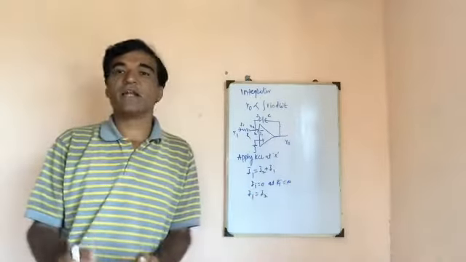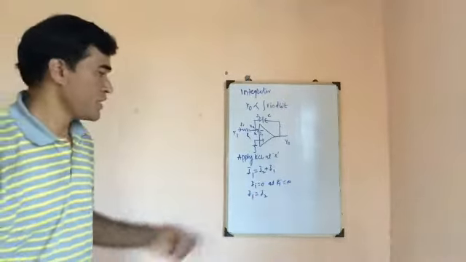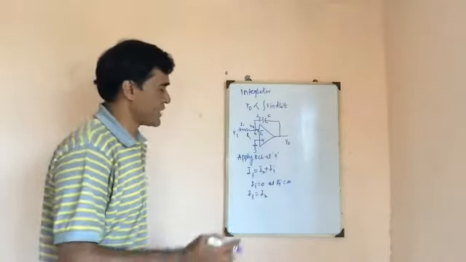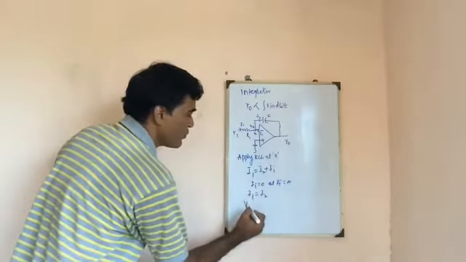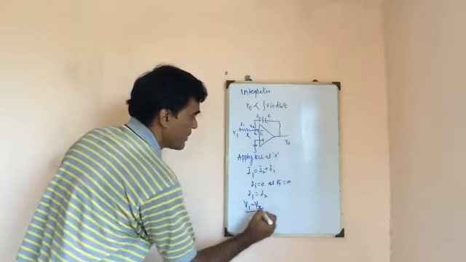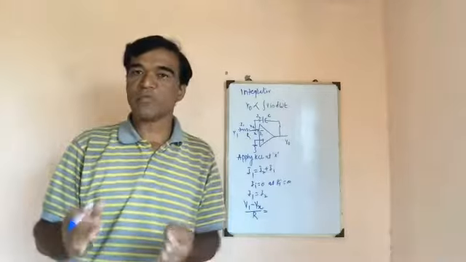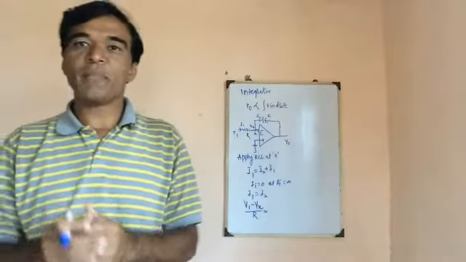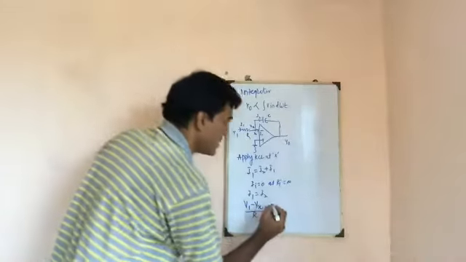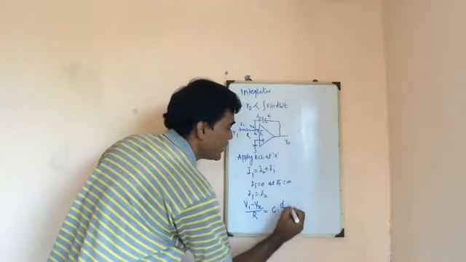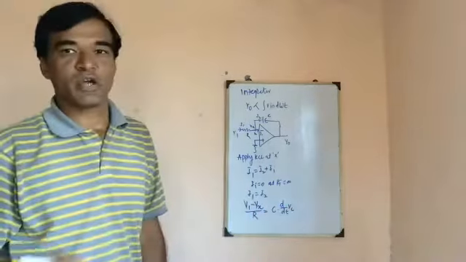Now writing these current equations in terms of voltages. I1 is the current moving from V1 to the node X. Hence I can write this as (V1 minus Vx) divided by R. We know that the current flowing through the capacitor can be given as C into d by dt of the voltage across the capacitor.